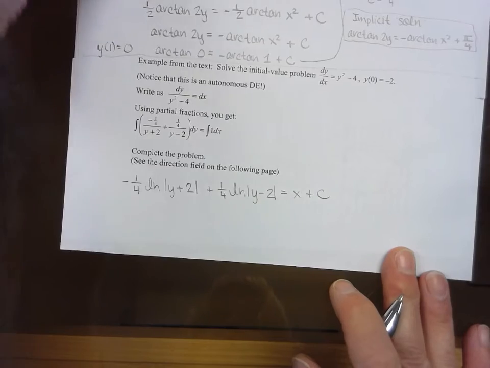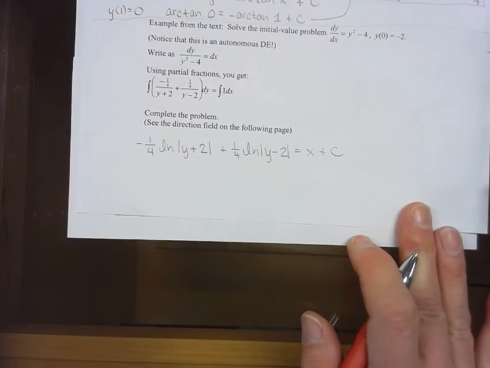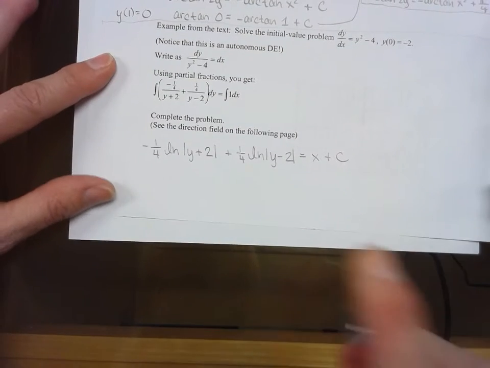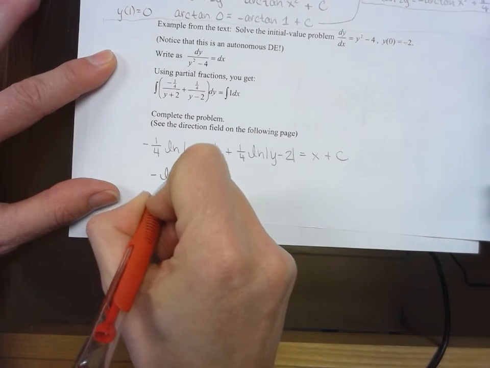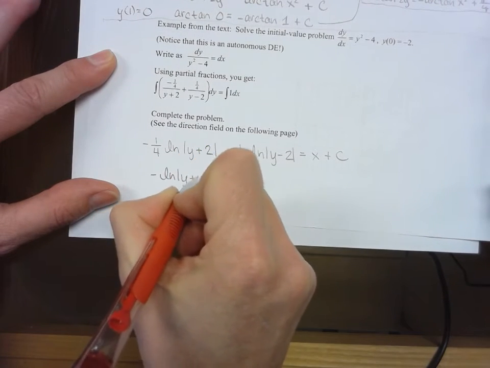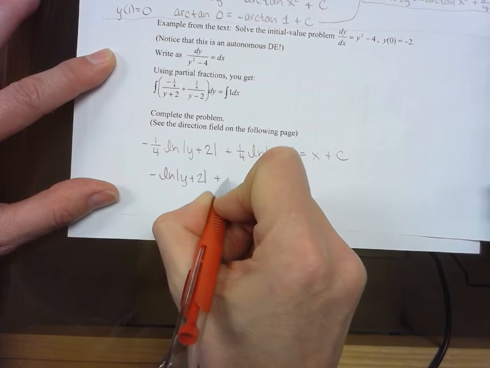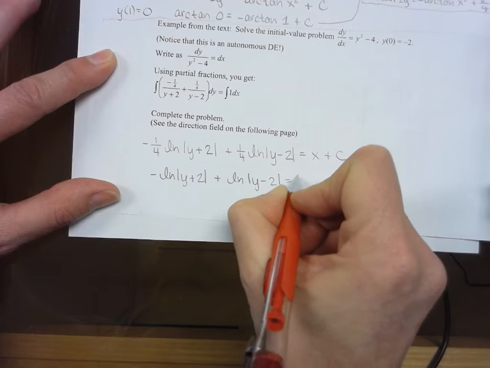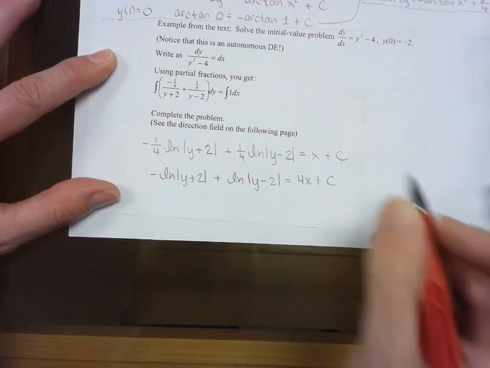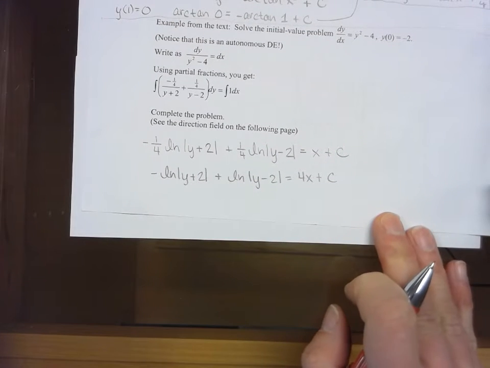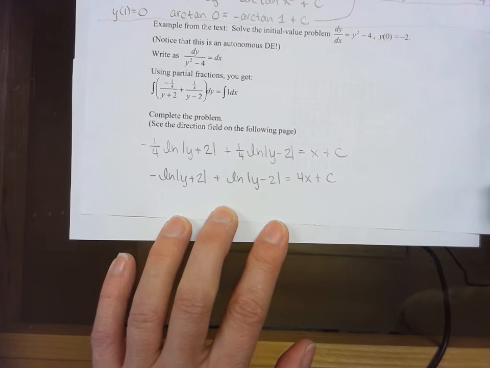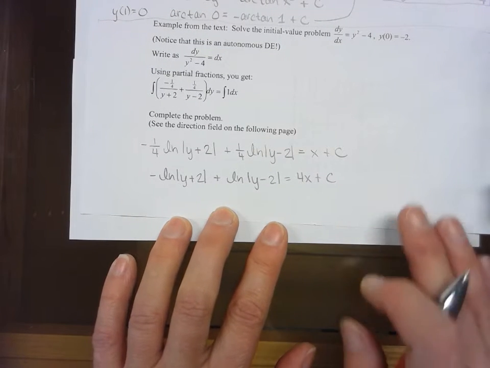So the first thing I would do is multiply both sides by 4 to clear fractions over here. So I'd get negative ln of y plus 2 plus ln of y minus 2 equals 4x, and then I'm still going to say plus c. It's an arbitrary constant. 4 times that arbitrary constant is also an arbitrary constant.